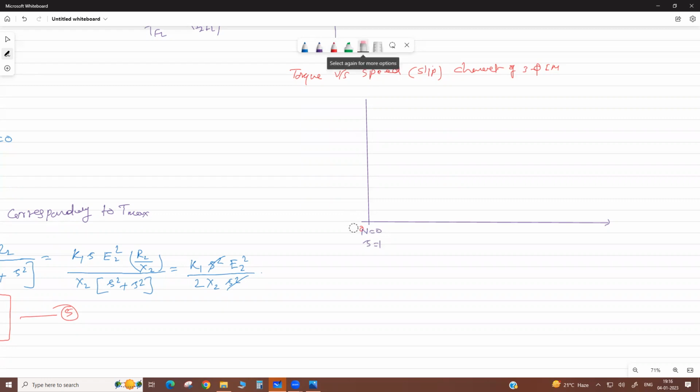Here speed is 0 and slip is 1. But when your speed becomes close to synchronous speed, then slip is 0. So your speed is increasing in this direction, from 0 to synchronous, but your slip is in this direction, from minimum 0 to 1. And here we take torque.